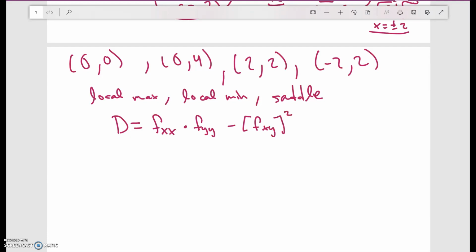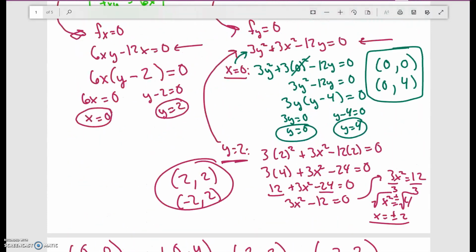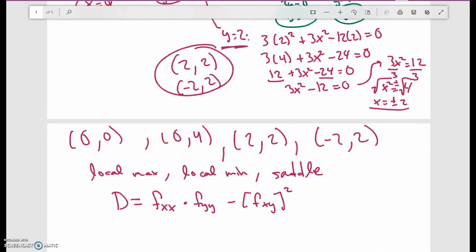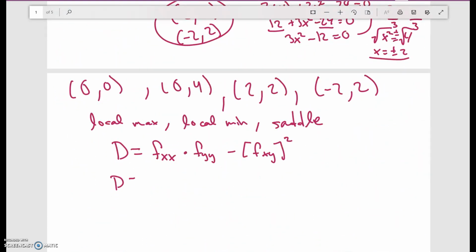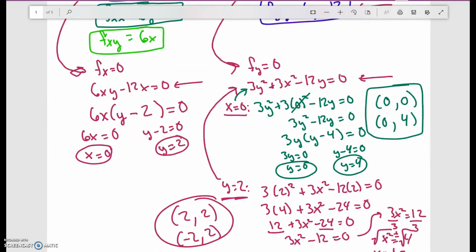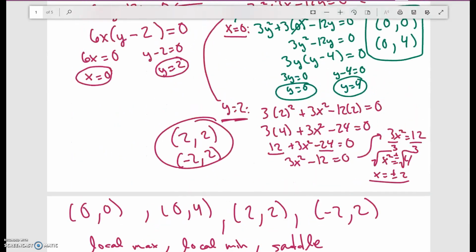If I look up f sub xx, well, I already figured that one out. If I go back up, f sub xx was 6y minus 12. Now f sub yy, over here, is another 6y minus 12.